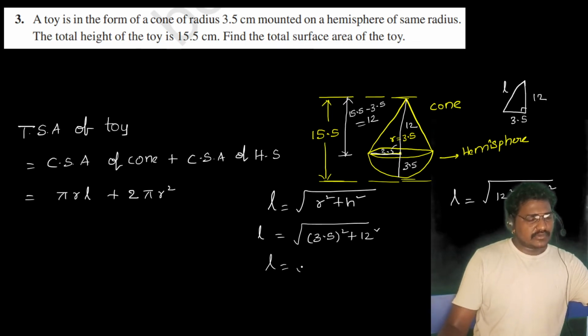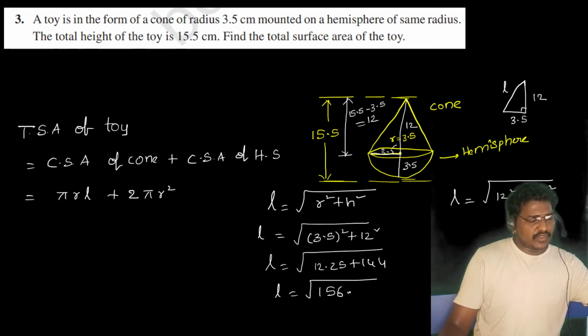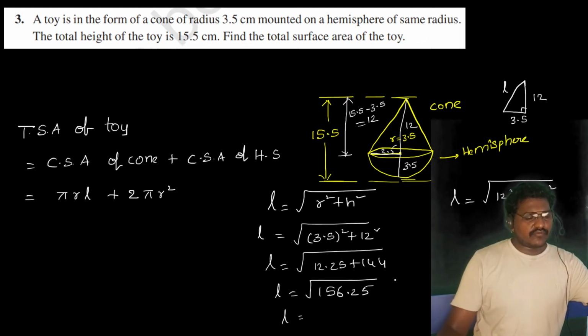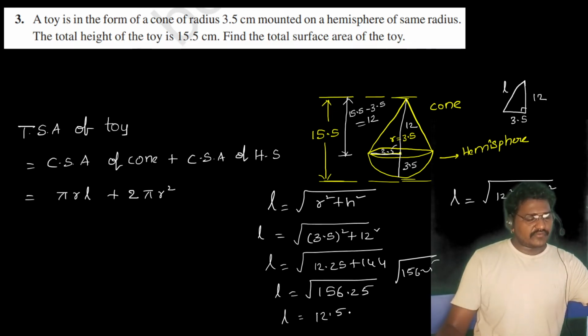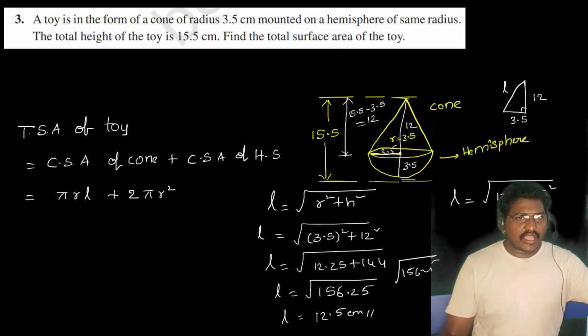L is equal to root of 12.25 plus 144, which is root of 156.25. Root of 15625 is nothing but 125, so L is 12.5 centimeter.